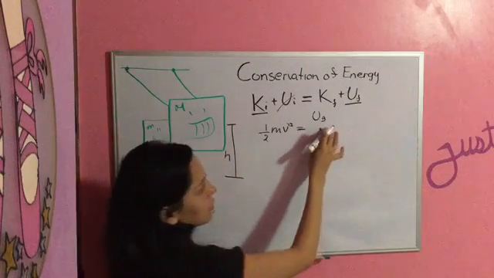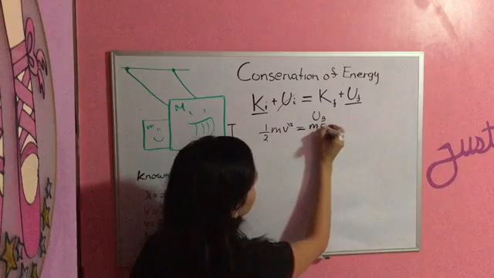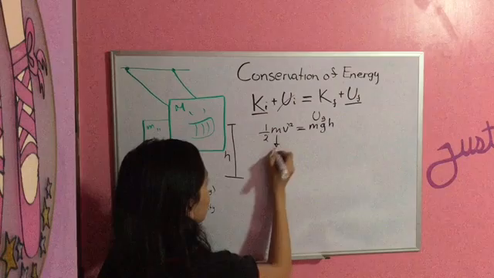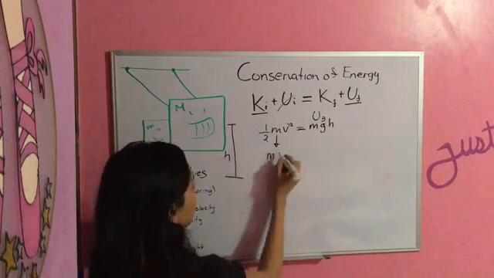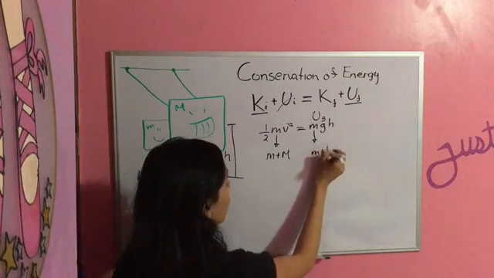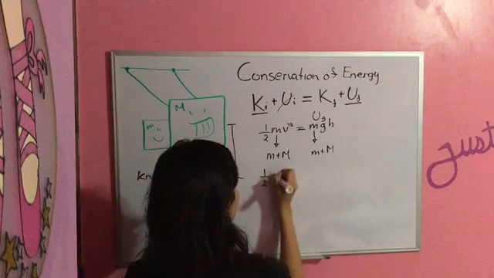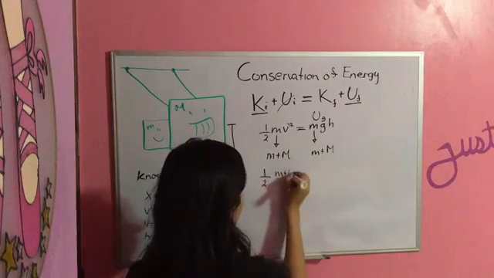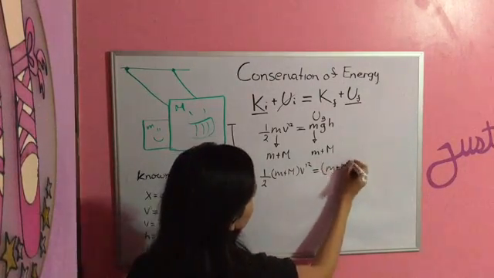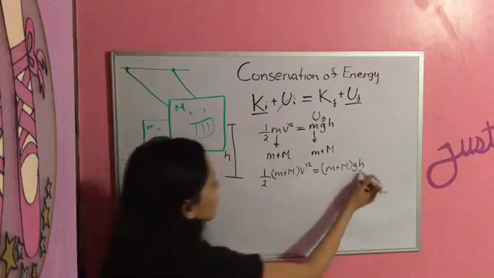The only energy that we have to take into account is gravitational potential energy. Also, we know that this m is the sum of the mass of the little block plus the mass of the big block. So our equation will be like this. And now we only have to isolate h.